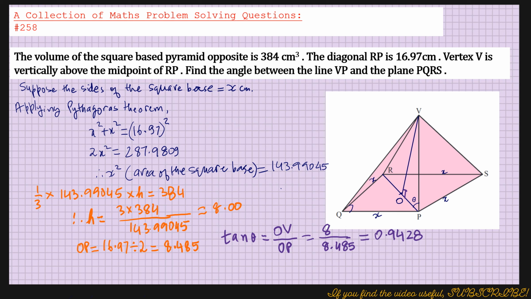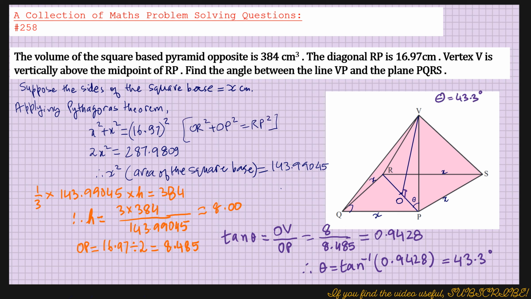You have to do tan inverse of 0.9428, and that would be the value of theta. If you work it out, you get theta equals 43.3 degrees. That is the answer. It's a full answer, and I've written it again: theta equals 43.3 degrees. So that completes the problem.